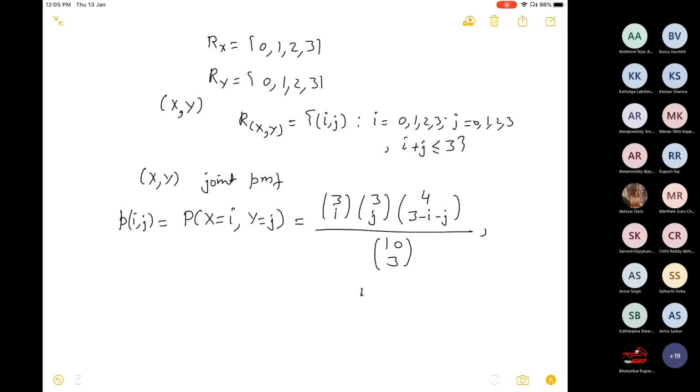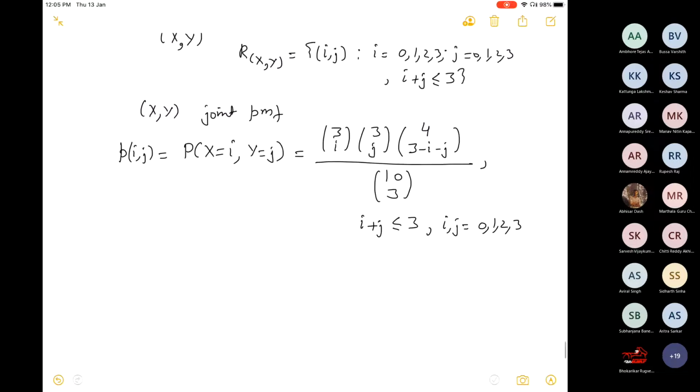This is such that i plus j is less than or equal to 3, and i and j take values 0, 1, 2, 3. So this is the joint probability mass function.